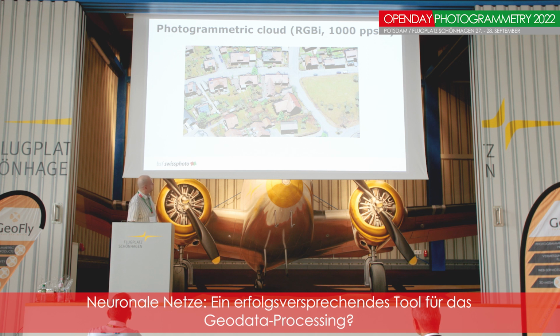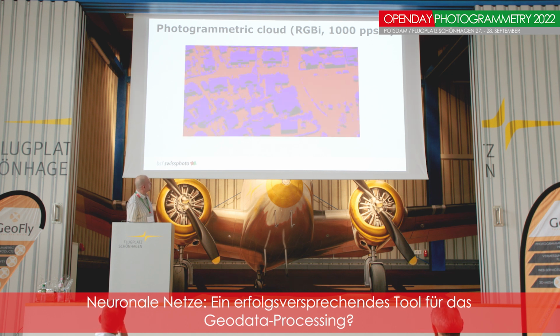A bigger area, a block of the village, and again roofs and trees and cars are detected very nicely. You can see that there are some cars here, some cars here, some cars over there. So yeah, looks great.